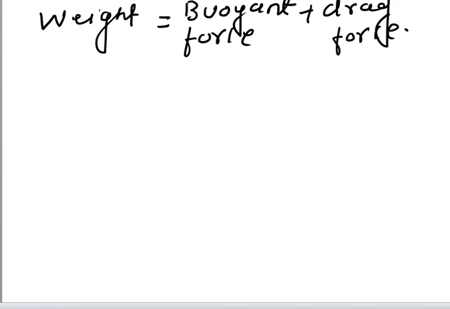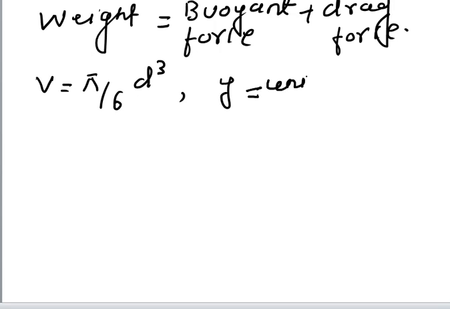We all know the volume of a sphere is pi by 6 d cubed. I have previously cleared the idea of unit weight, so let gamma be the unit weight, whose unit is kilonewton per meter cube.